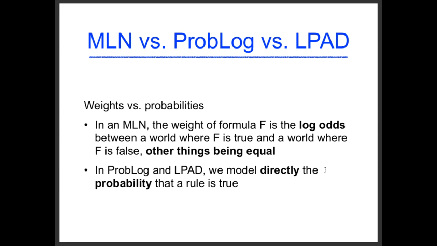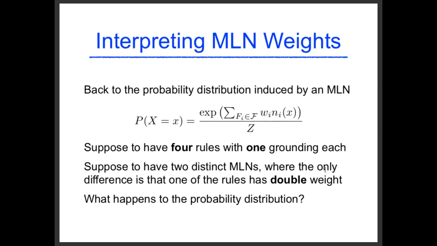So it's much more elegant in this sense. Here we have the weights, and what the weight actually is, is the log odds between a world where the formula is true and a world where the formula is false, other things being equal. Let's try with an example to see whether it's clear. This is again the same formula that we had at the beginning, the probability distribution. Now suppose that we have 4 rules, 1 grounding for each rule, so this n here can be at most 1.